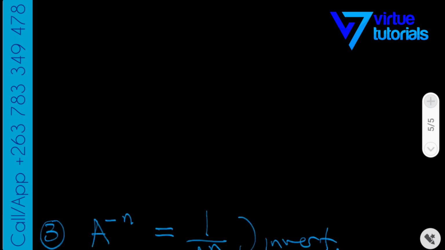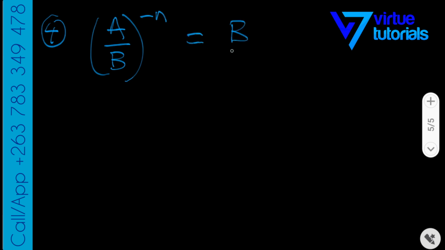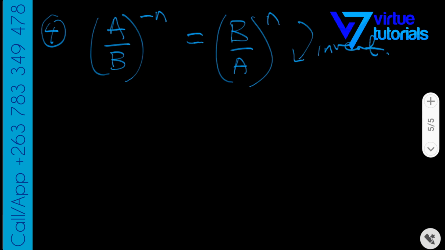Okay? An extension of that same law is if I have a over b to the power minus n, what does this do? Invert, right? B goes over a, and then this is power positive n. So after inverting, the power becomes positive.